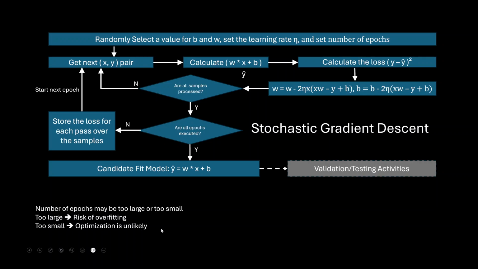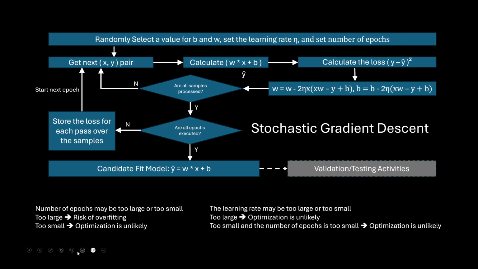And that also depends on the learning rate, which brings us to this other observation. The learning rate may be too large or too small. If it's too large, optimization is unlikely.